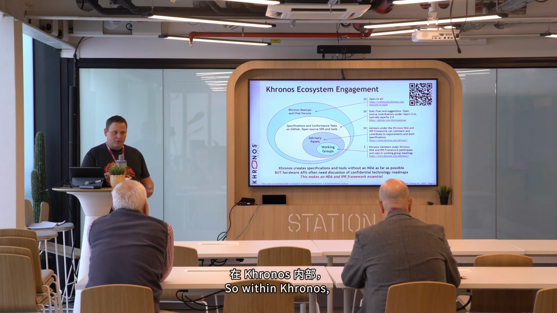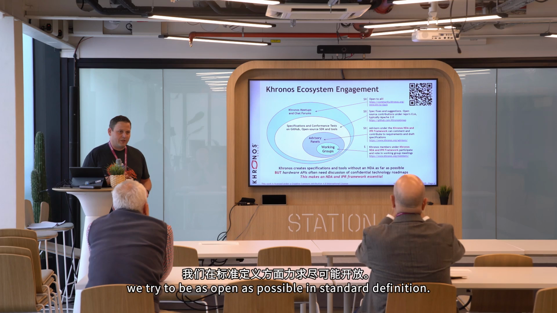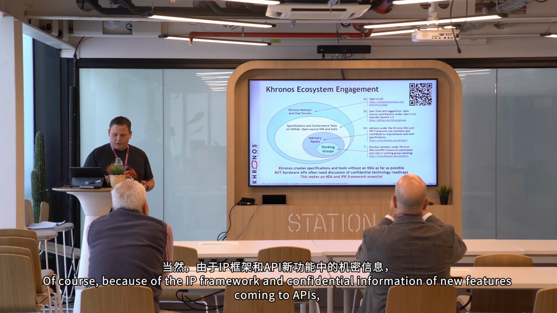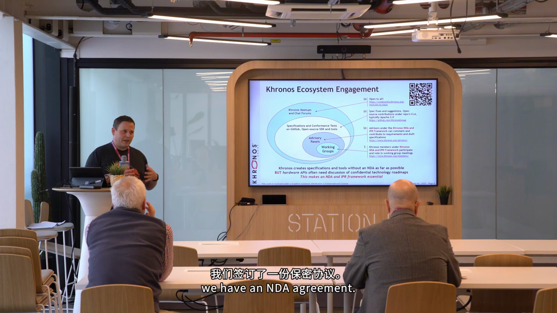So within Khronos, we try to be as open as possible in standard definition. Of course, because of the IP framework and confidential information of new features coming to APIs, we have an NDA agreement.